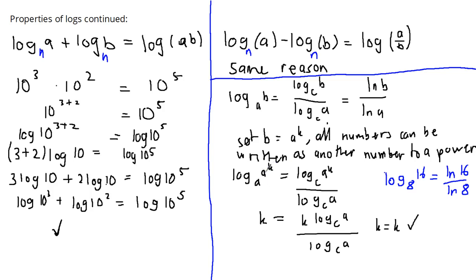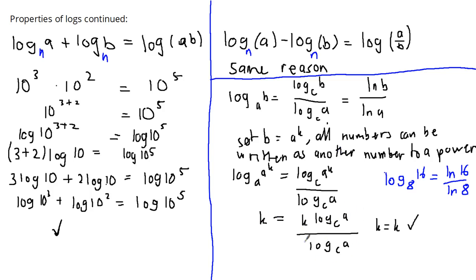Log base a of a is just 1. The k, you move in front, you'll have k times log base a of a, that's k. And this k you can also move in front because of the rule where you can take the power and move it in front. It's called the power rule, I think. So we have k is equal to k log base c of a over log base c of a.